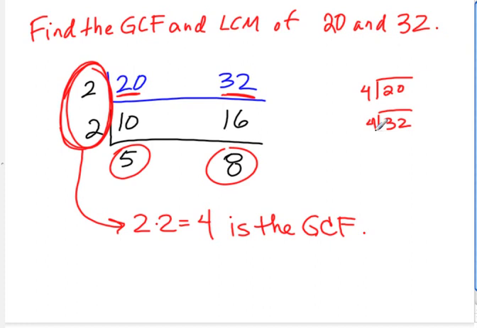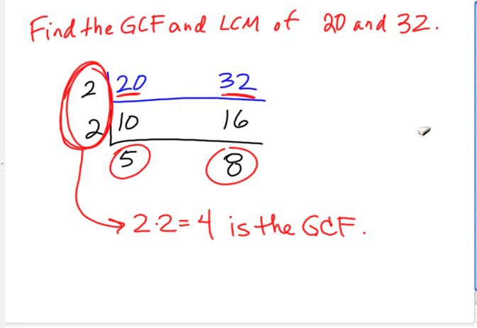Well, 10 can divide into 20, but it can't divide into 32. And 8 can divide into 32, but it can't divide into 20. 4 is the biggest number that can divide into both of them. That's why it's a common factor.